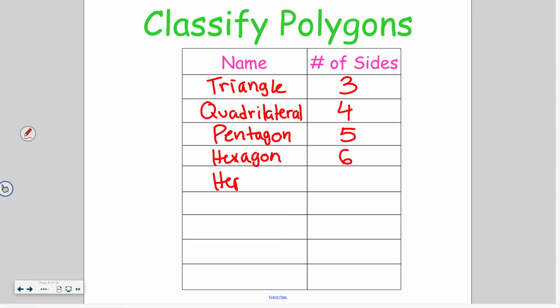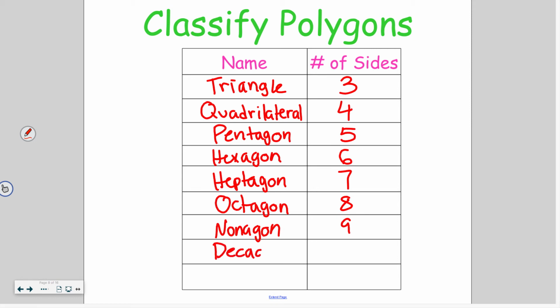Heptagon has 7. Octagon has 8. Nonagon has 9. Decagon has 10.